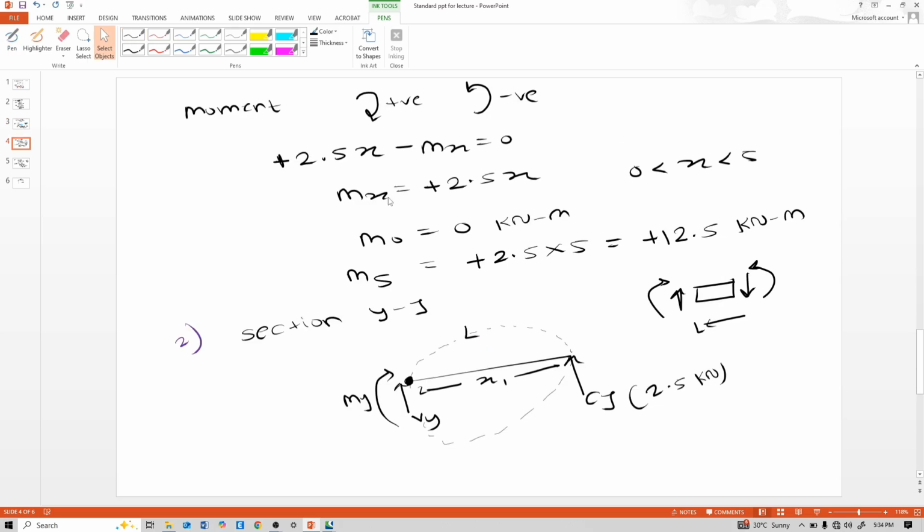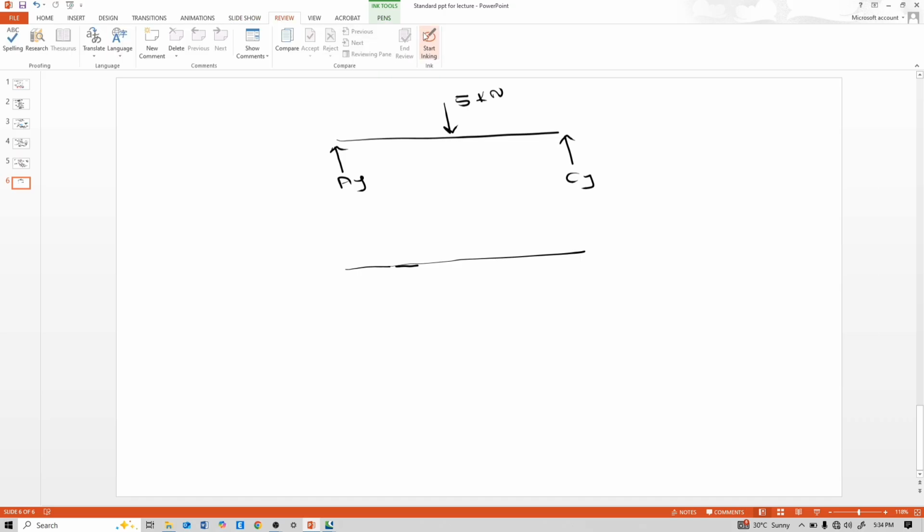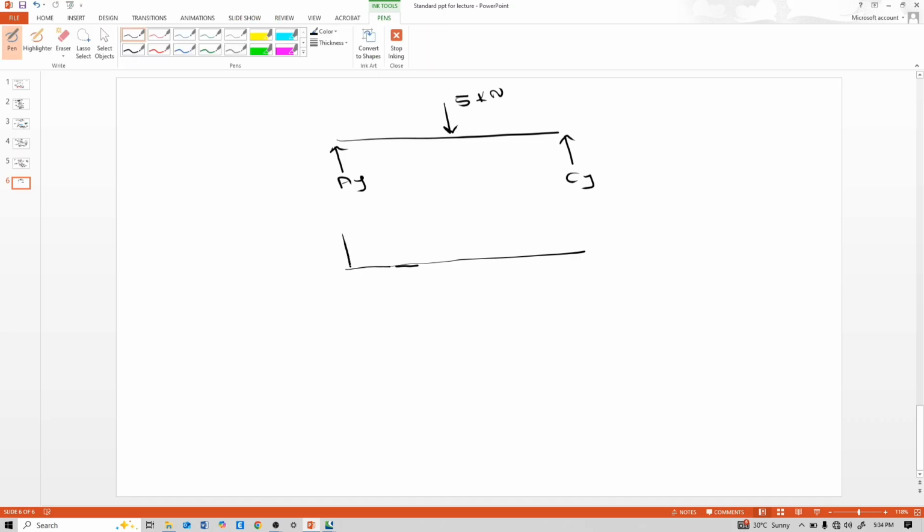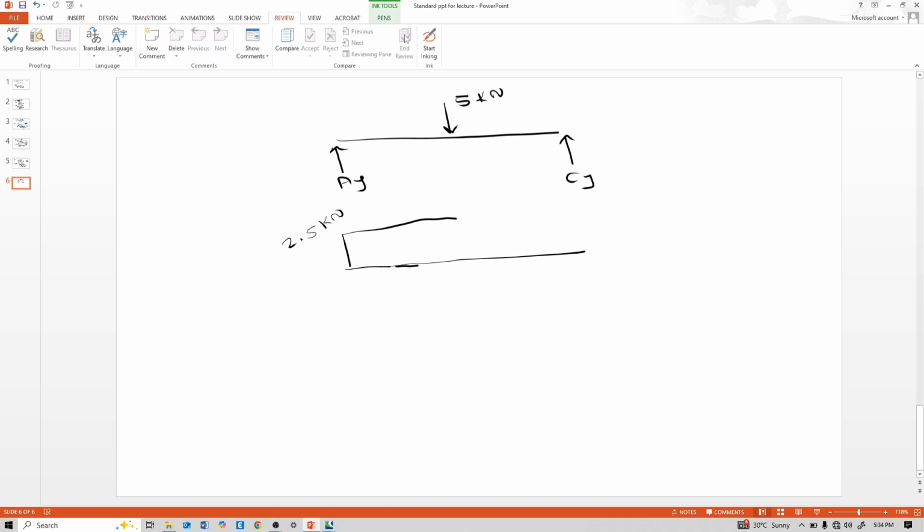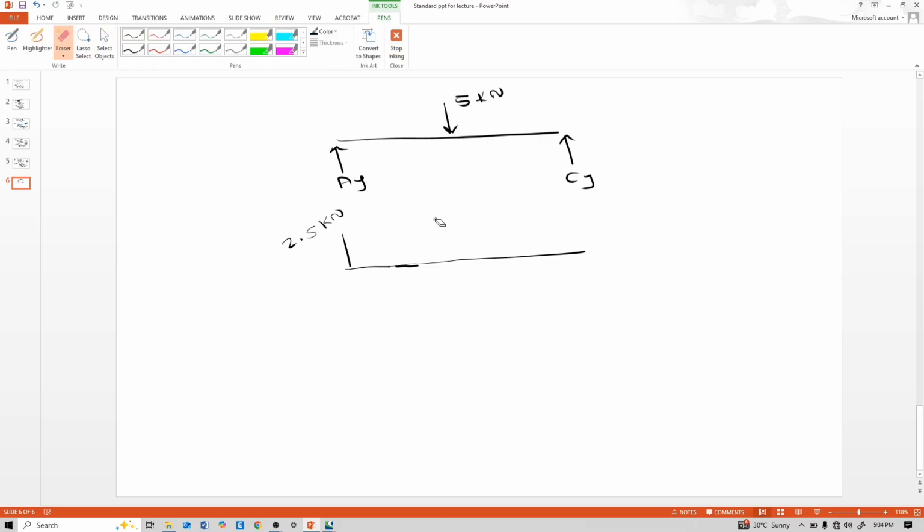And so draw here 2.5 kilonewton and no change. So here also a constant horizontal line at 2.5 kilonewton.